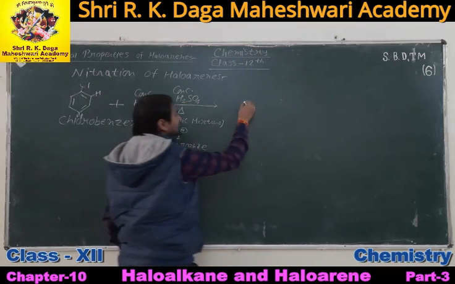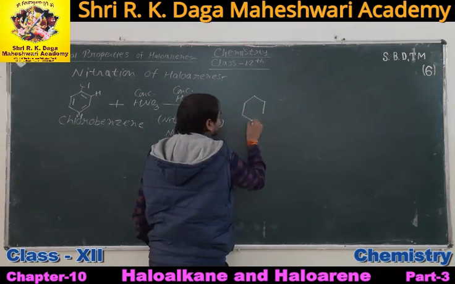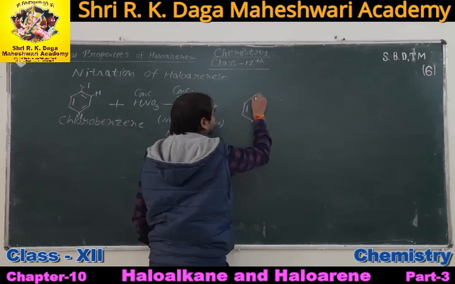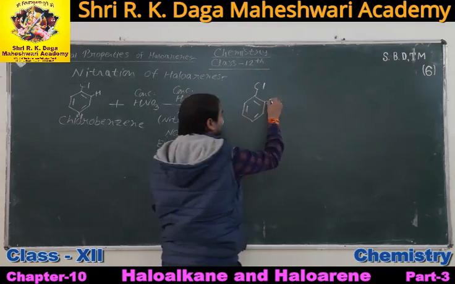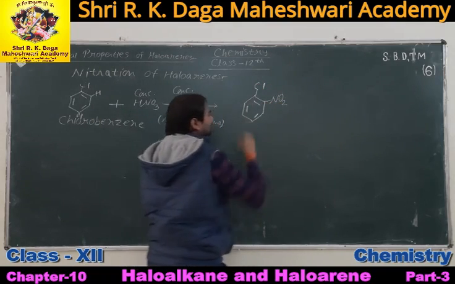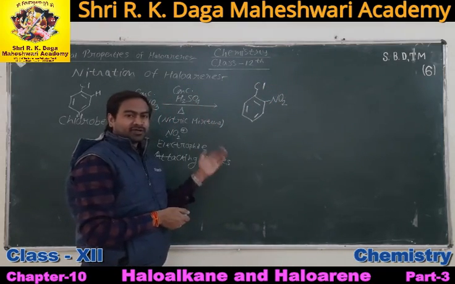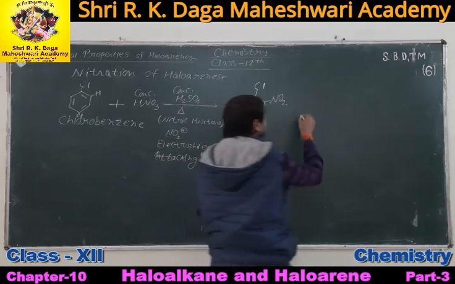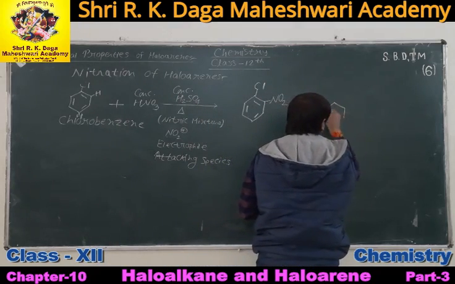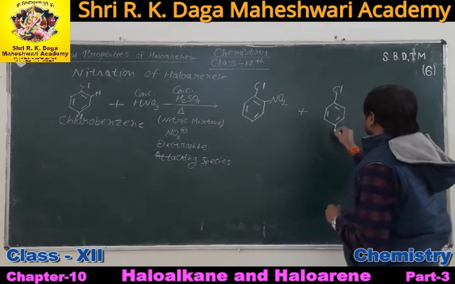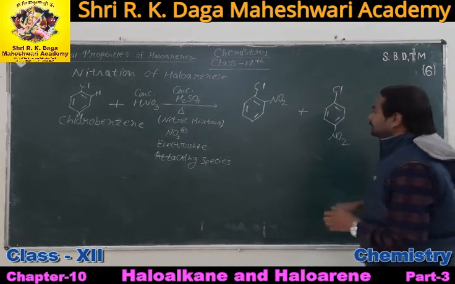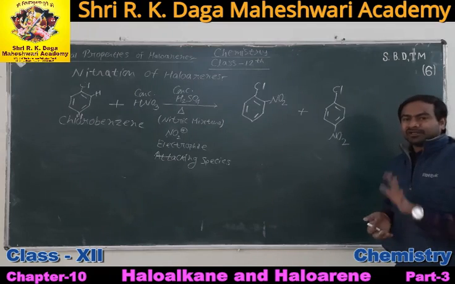Now it may form ortho-chloronitrobenzene and para-chloronitrobenzene.